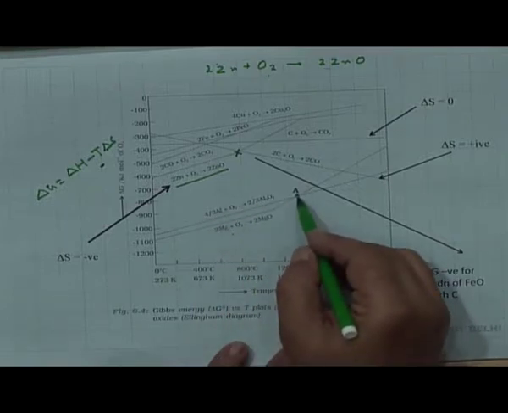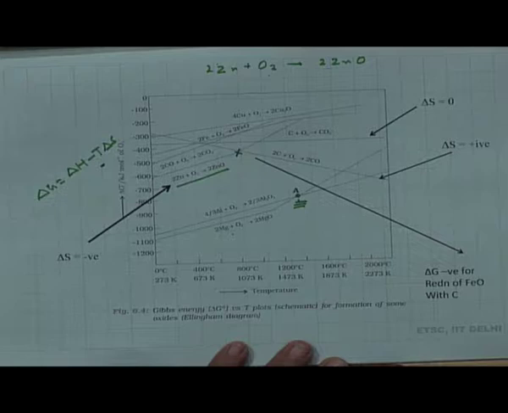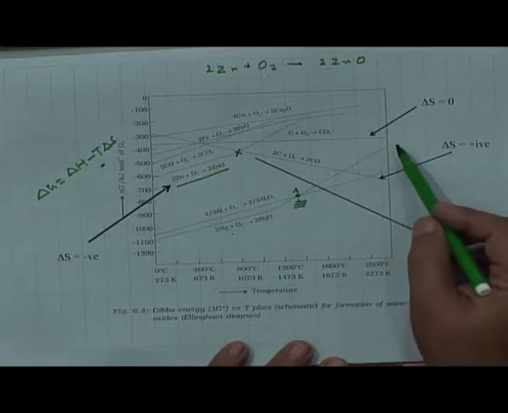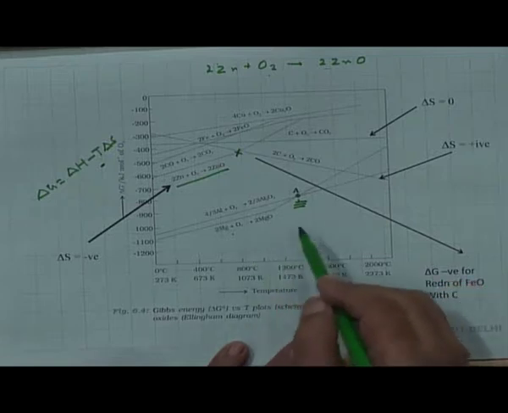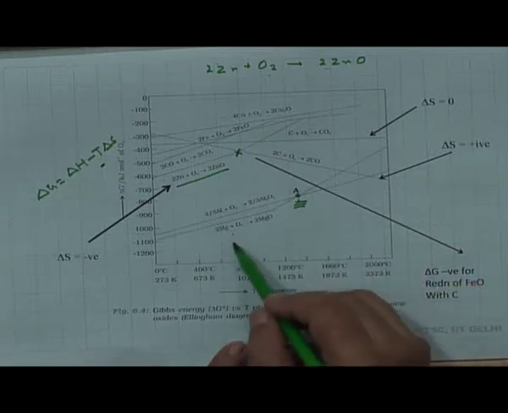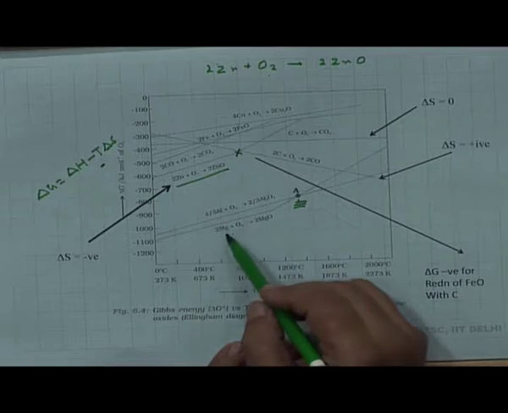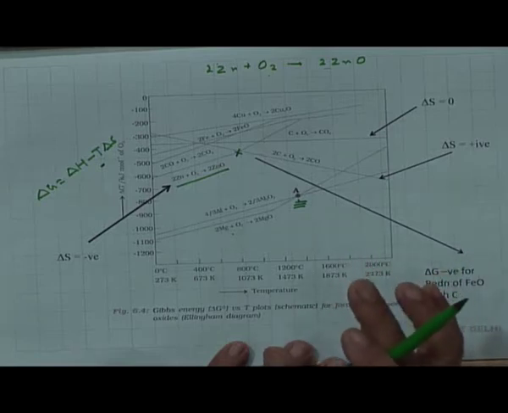And this is only at a point below A. Note that after the point A they are exchanging their positions. So, if you are working at a temperature below A, then magnesium can convert aluminum oxide into aluminum.